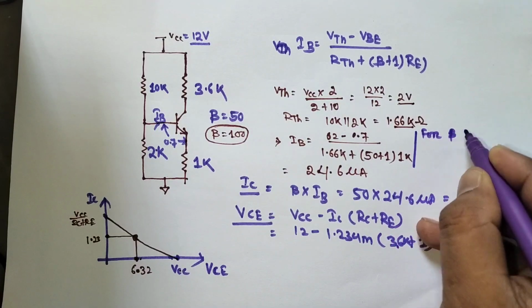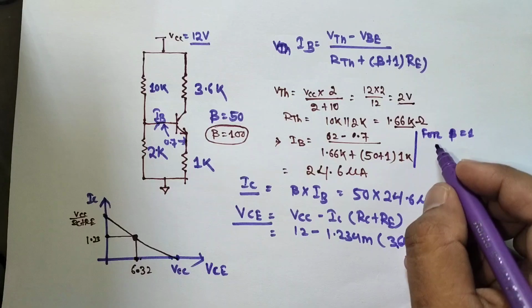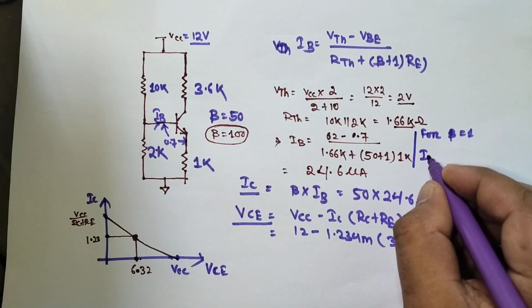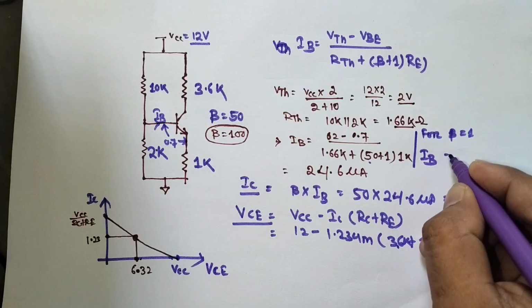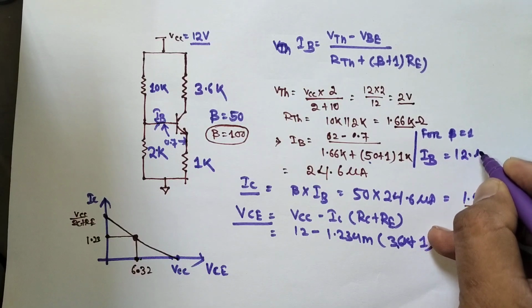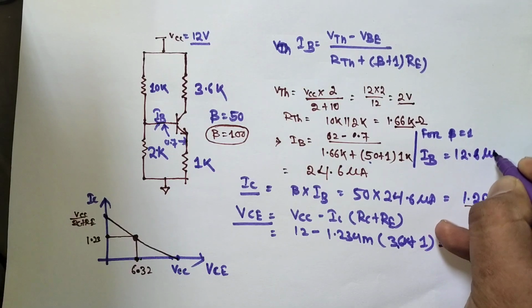For beta equal to 100, IB equals, with the values already put in, 12.6 microampere.